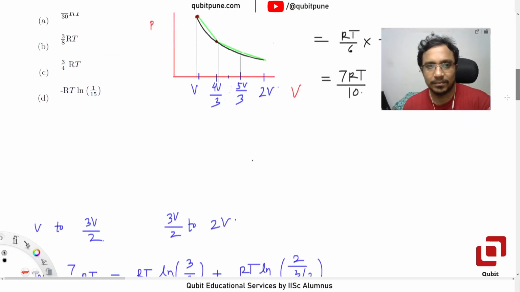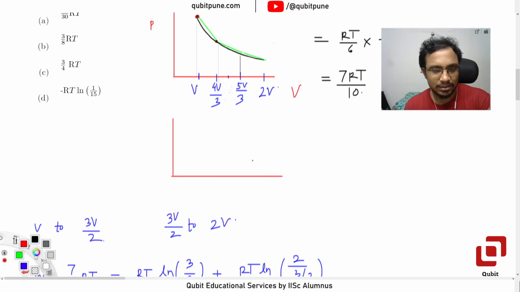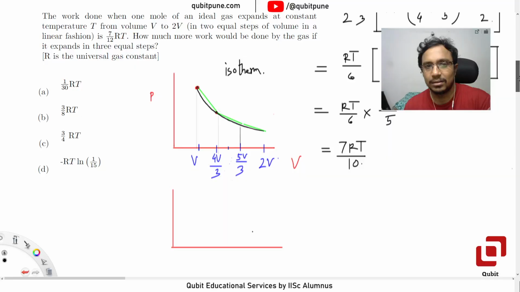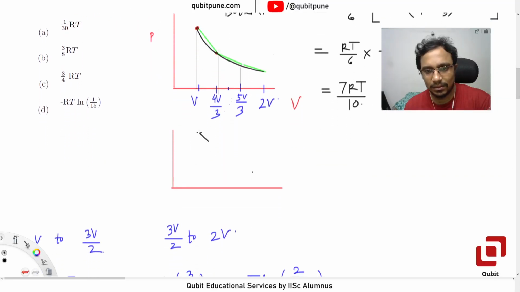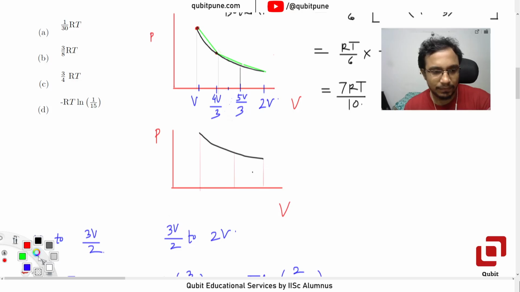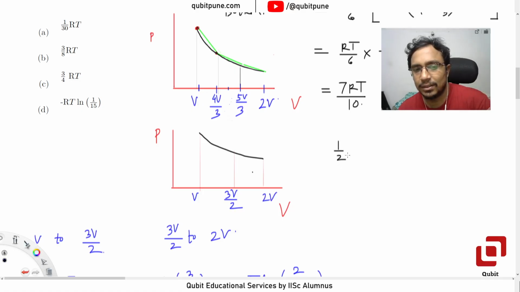Okay, so if we did it for only 2 steps, this would be v, 3v/2 and 2v. Half sum of parallel sides into height.